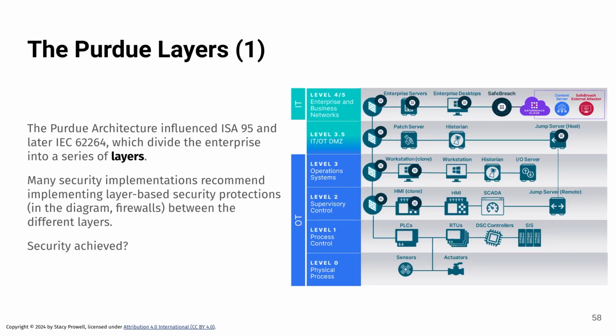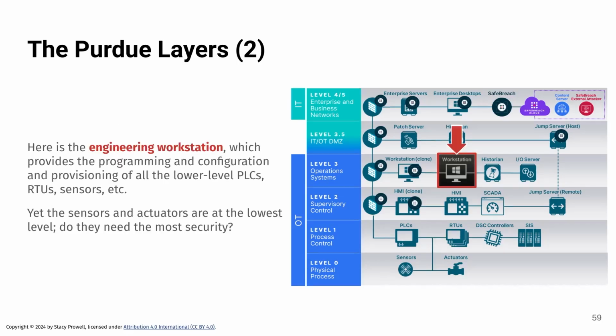But let's take a closer look at this. In particular, let's look right here, okay? This guy is the engineering workstation. This is where I manage the configuration and the deployment of configurations for my RTUs and my PLCs and my sensors and all of the rest of the OT stuff.